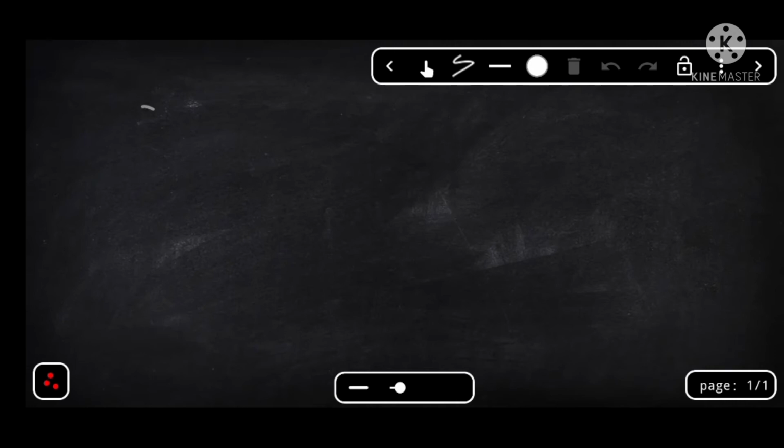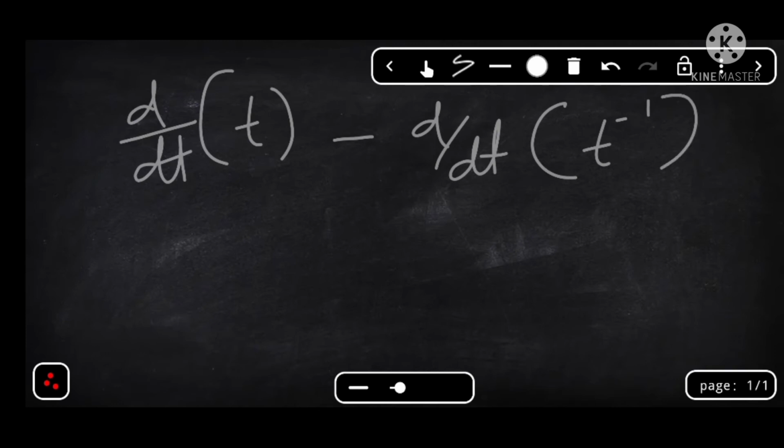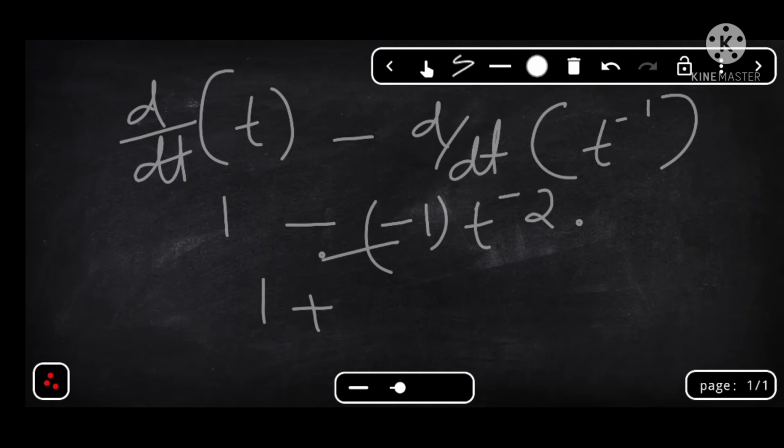So d by dt of t minus d by dt of 1 by t. We already wrote it as t raised to minus 1, right? So this is 1 minus 1 into t raised to minus 2. Clear? So this is 1 plus, minus minus plus, so t raised to minus 2.